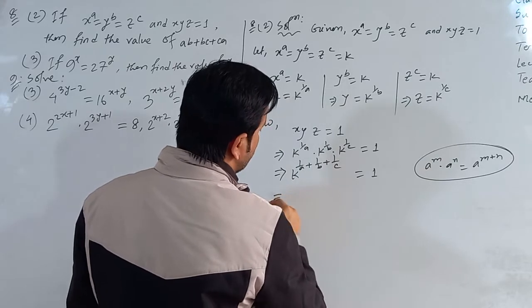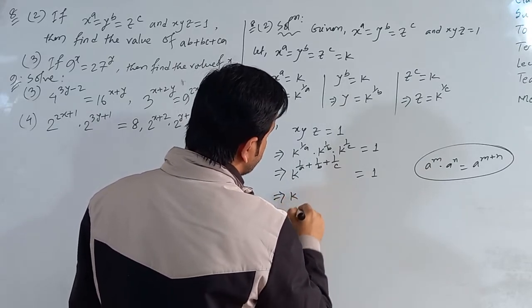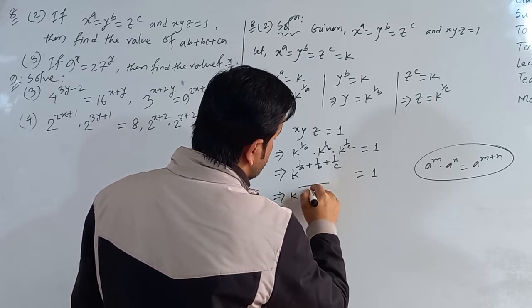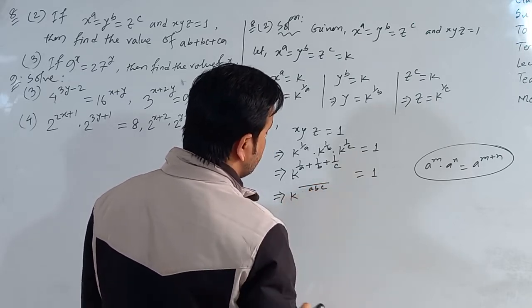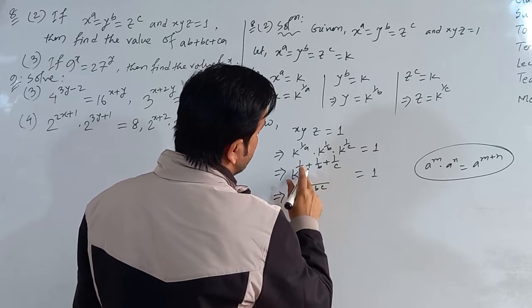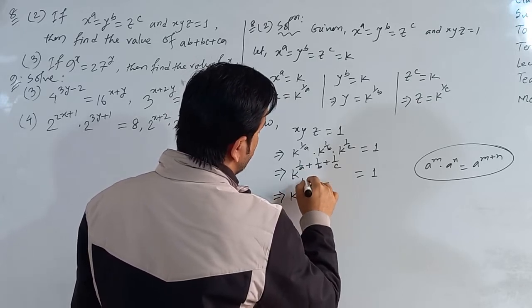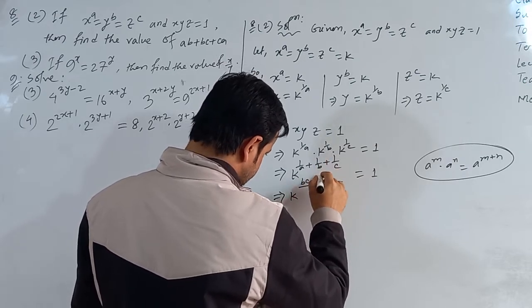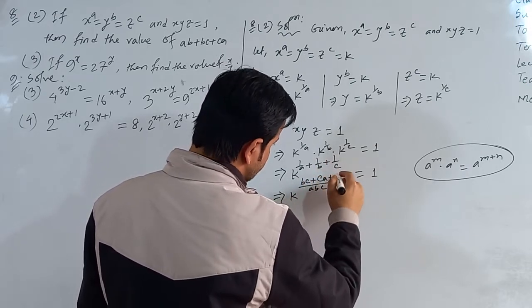So now we can write here k to the power, here if we do the LCM we will get here ABC. Now if you see here, divide by a you will get BC, 1 into BC means BC plus here divide by b you will get CA, divide by c you will get AB.